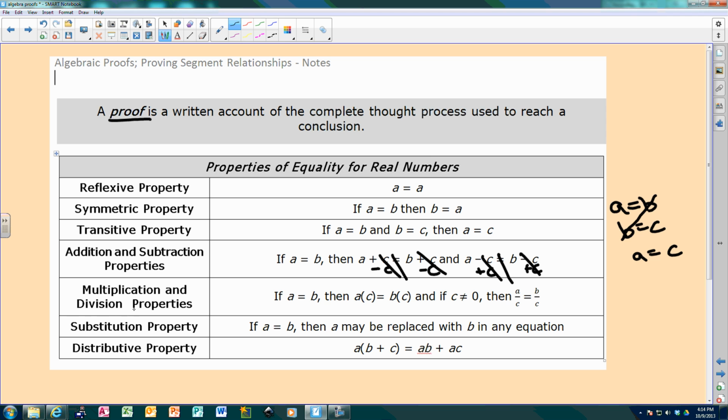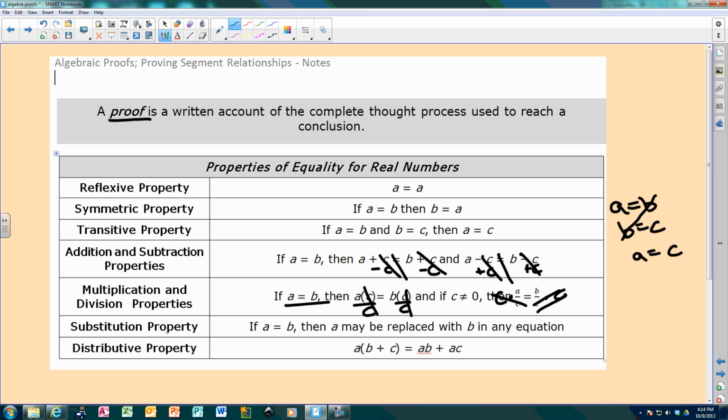The multiplication and division property: if A equals B, then A times C equals B times C, because if I divide both sides by C, A equals B. And if C does not equal 0, then A over C equals B over C, because if I multiply both sides by C, the C's cancel and A equals B again.